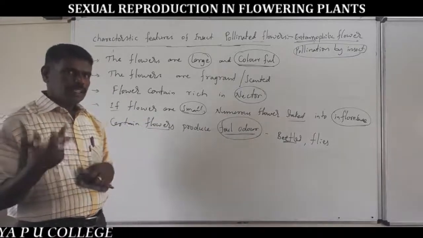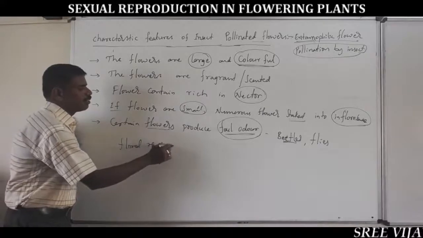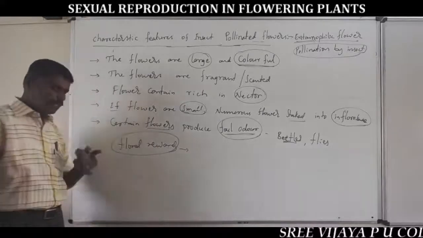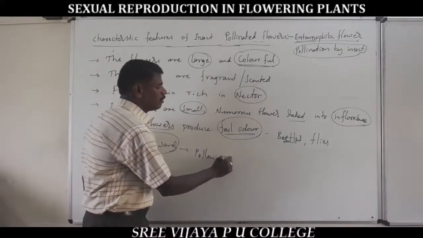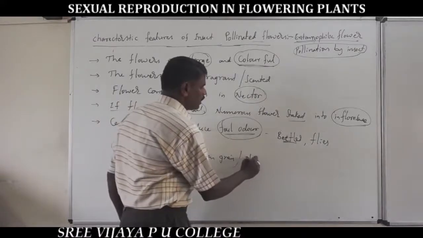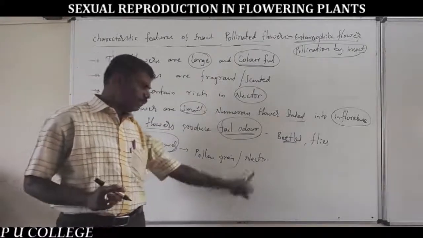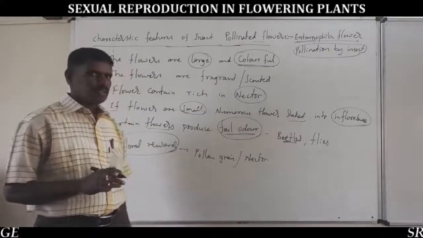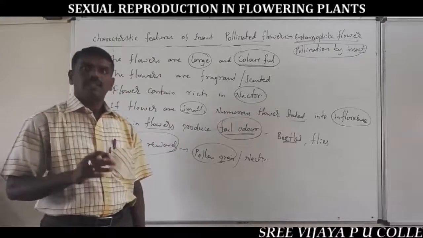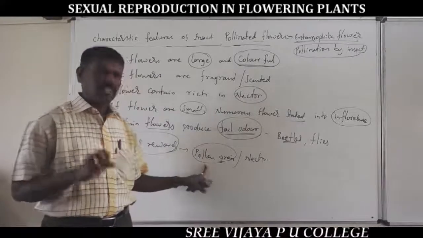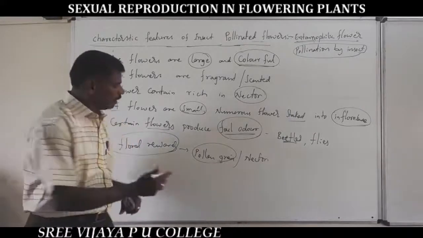Yesterday we discussed the floral rewards. What are the two floral rewards? Pollen grains and nectar. When the animal, that is the insect, visits the flower to get the nectar, there are also pollen grains along with the nectar. Honey consists of many pollen grains, which are also rich and nutritious.